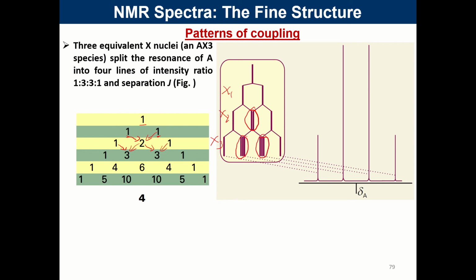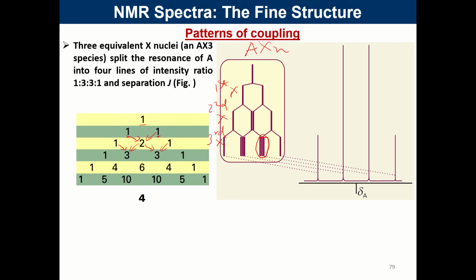The same thing we are showing in pictures here, and in numbers, is the interaction in an AXN system: first X, second X, third X, and the pattern follows the same way.